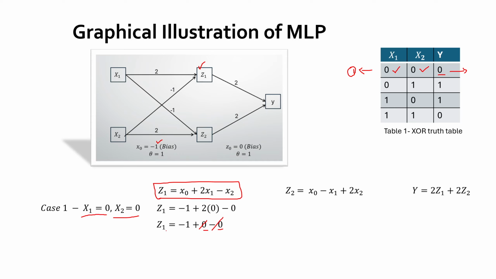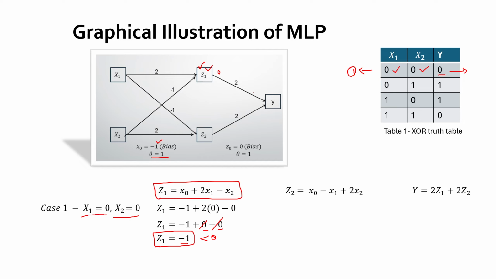These cancel, and as a result the weighted summation at z1 is -1. But remember that the threshold theta here is 1. So the weighted summation at z1, -1, is less than theta, the threshold 1. In this case, this neuron z1 will output a value of 0.